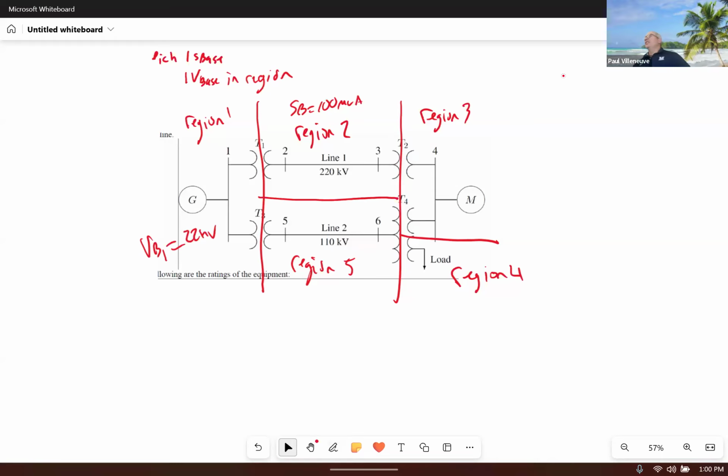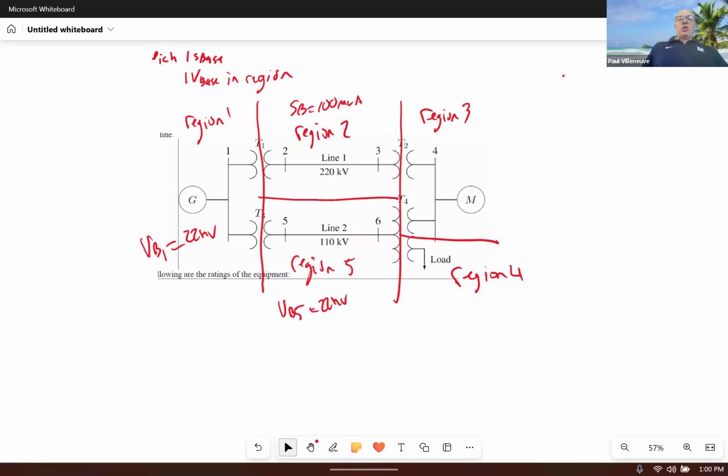Since this is a 3-phase system, we're picking S base to be 3-phase, or the total MVA. And we're picking our V base to be a line-to-line voltage. Now, we just go ahead and calculate. So VB in region 5 is the VB1, 22 kV.